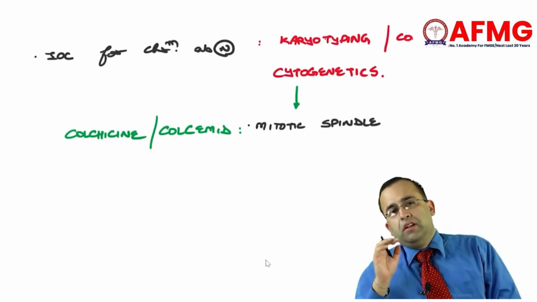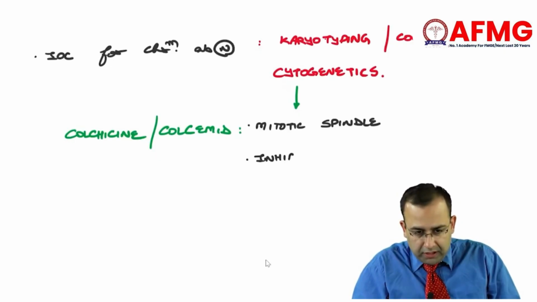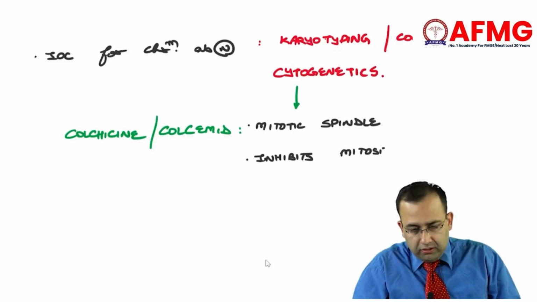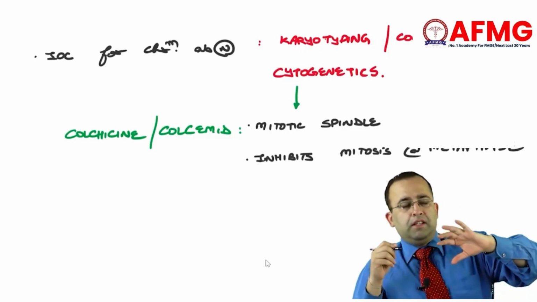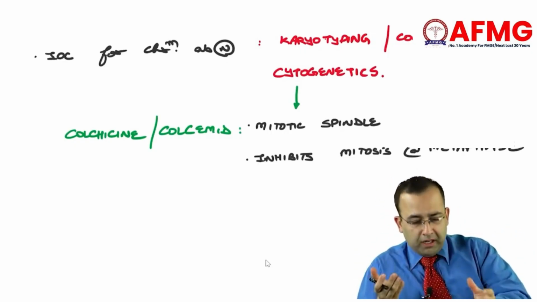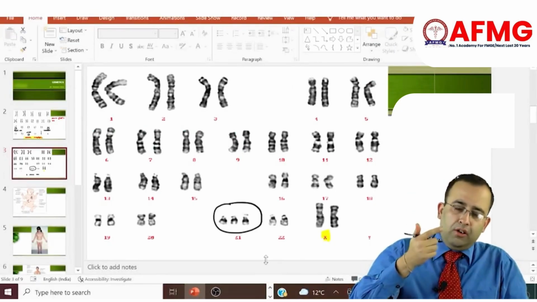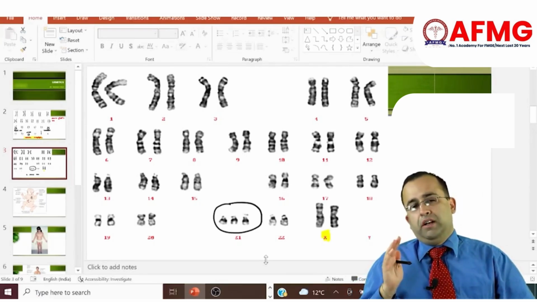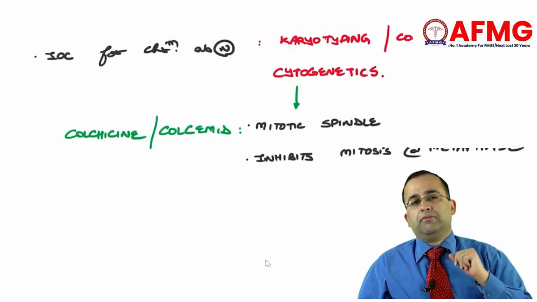It inhibits mitosis at metaphase. As a result, we see the chromosomes being scattered. We get a nice chromosomal pattern, and we are able to appreciate whether it is normal or associated with some abnormality. This is conventional cytogenetics or karyotyping.